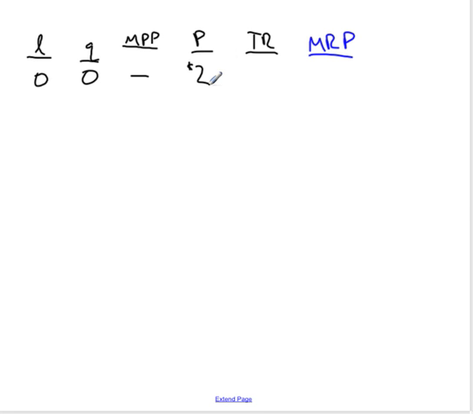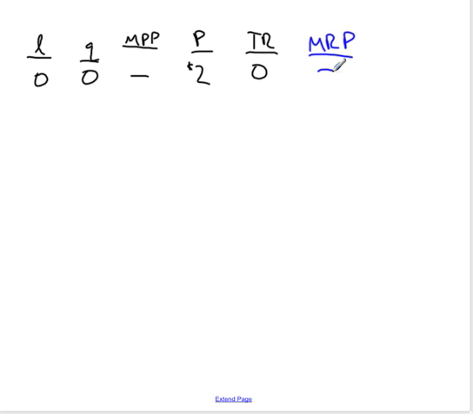Total revenue, P times Q, right now the firm isn't selling anything, but total revenue is the price times the amount the firm is selling. And then marginal revenue product, that's in blue here because that'll be the most interesting one. That's what we're really looking for. How much it changes the firm's revenue if the firm hires one more worker.